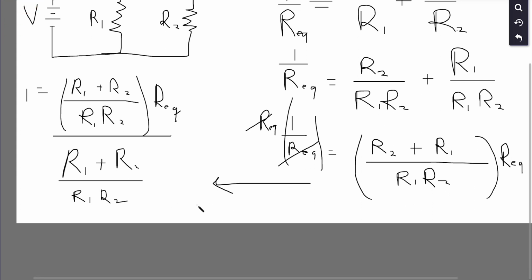We can rewrite this whole expression as R equivalent is equal to 1 divided by the whole thing we had, right? So it'll be R1 plus R2.